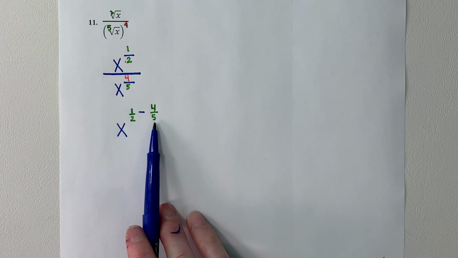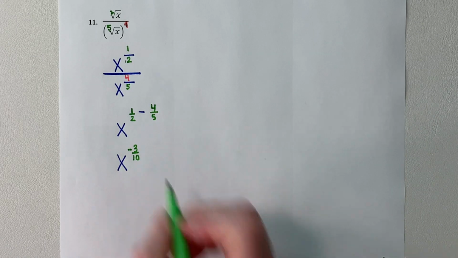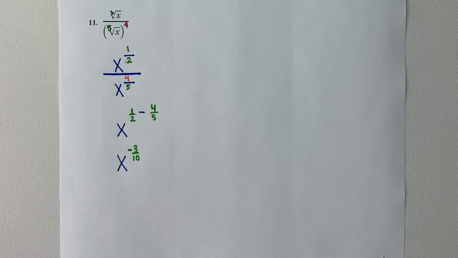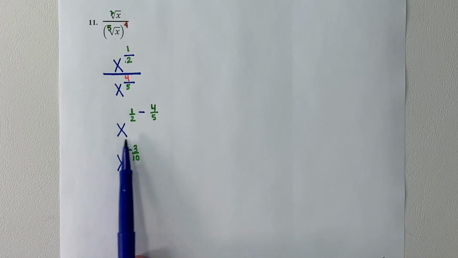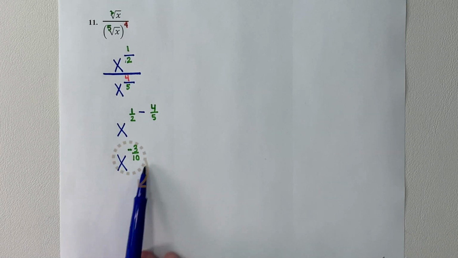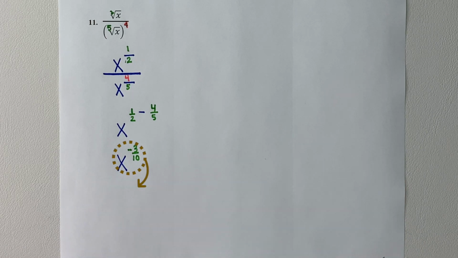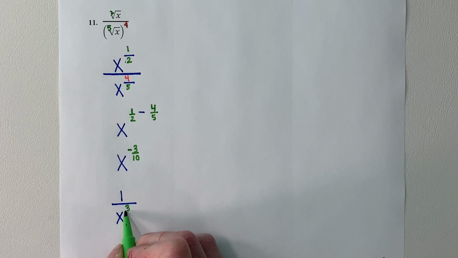Now, 1/2 minus 4/5 equals -3/10. Now, we're not quite simplified because we now have a negative exponent. So to fully simplify this, we need to rewrite it using positive exponents. And to do that, we're going to pick this up and move it to the denominator. That will give us 1 over x to the positive 3/10.